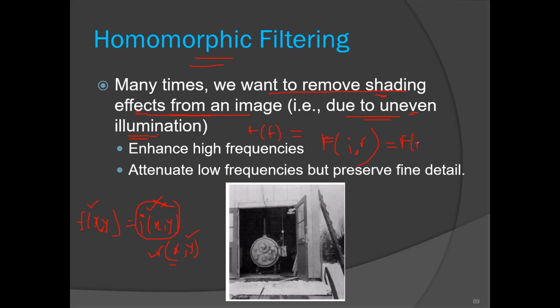Can we have an equation like this, Fourier of illumination multiplied by Fourier of reflectance? No. We have seen during the discussion on properties of Fourier transform that it is not distributive over multiplication. We have seen the linearity property: it is distributive over addition and not multiplication. So how do we overcome this problem?